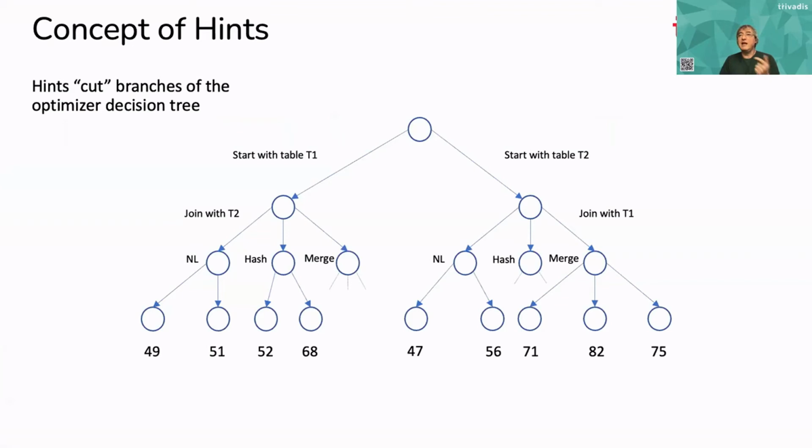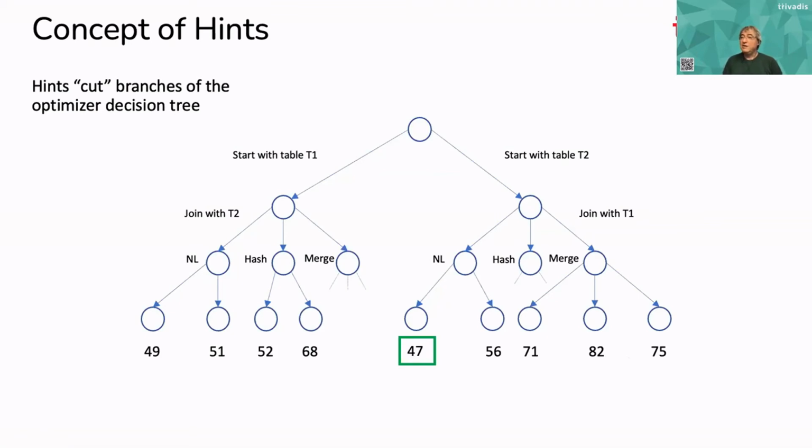It tells the optimizer you are not allowed to use another index. The optimizer calculates a kind of decision tree of all possible execution plans, and usually it chooses the cheapest execution plan. These are the costs of each execution plan. The cheapest one is this with 47.